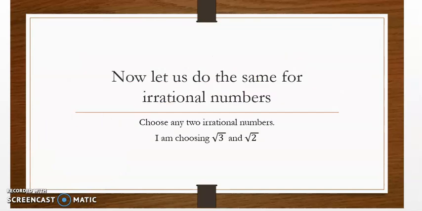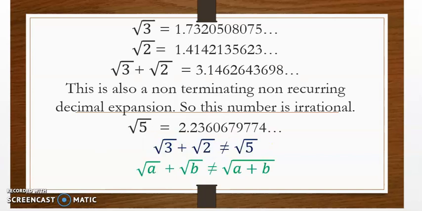Now let us try to do the same for irrational numbers. You can choose any two irrational numbers. Here I am choosing root 3 and root 2. Root 3 is 1.732, and root 2 is 1.4142. Now I am adding root 3 plus root 2.